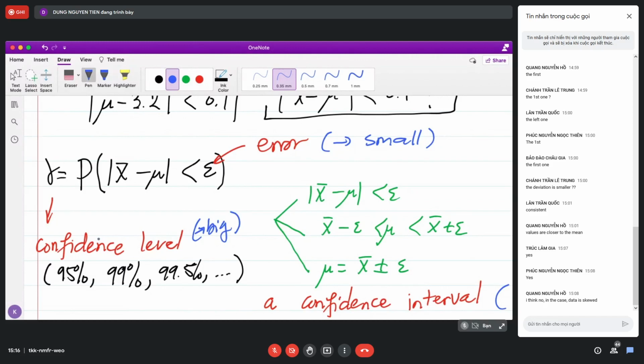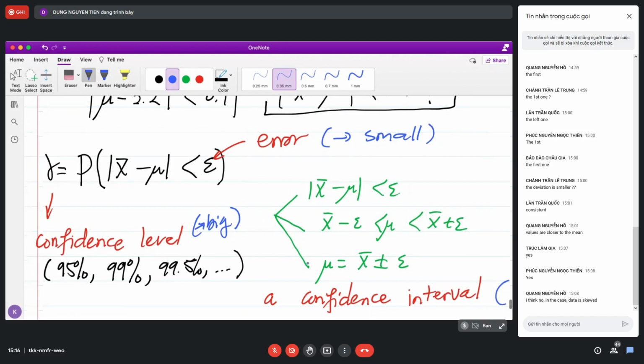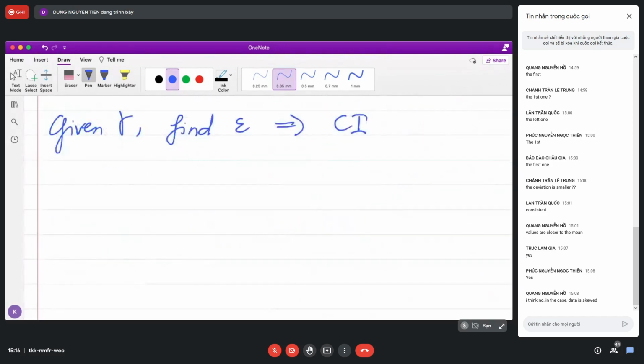So we normally fix the confidence level to be high enough, and then you determine the error. Okay. Any questions so far, everybody? Is that all clear?